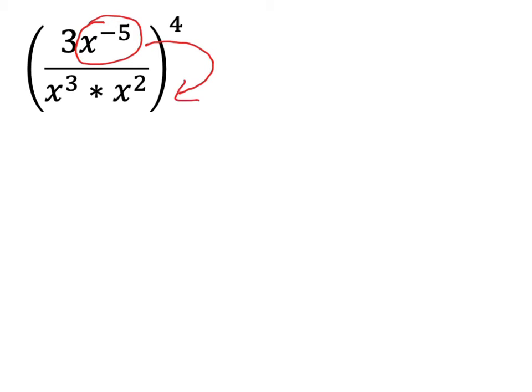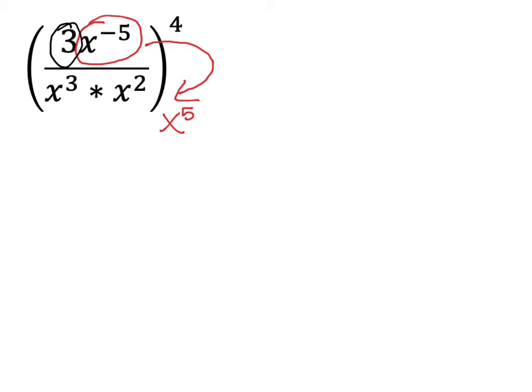To turn this negative 5 into a positive exponent, we need to move that term into the denominator of our fraction, and that exponent will become positive 5. Notice that I'm not moving this 3 into the denominator because this 3 does not have any negative exponents on it, so it should stay where it is.